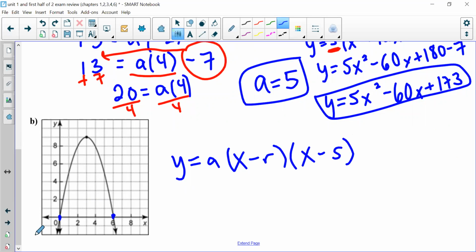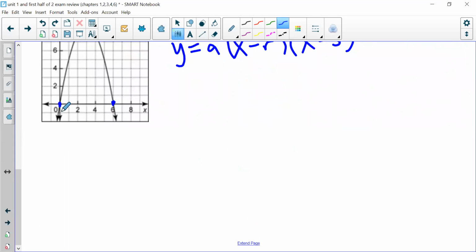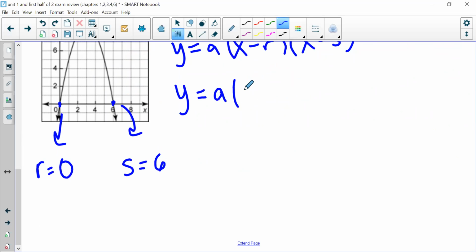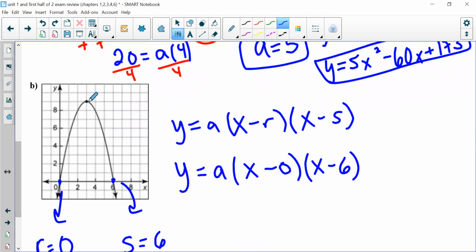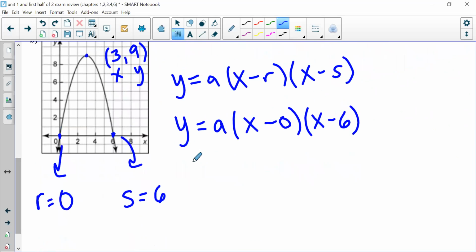So if I was looking at this parabola on the graph, I have one x-intercept at 0, so I'm just going to call this one R. I have this one at 6, so I'm just going to call this one S. And then if I plug them in, you can see again, I'm left with X, Y, and A. So I will always be solving for A. So I need to plug in something else for X and Y. In this case, I'm just going to grab (3, 9), which is a point on my graph, and I could solve for A. So whenever you're doing this process, please keep in mind you always need to solve for A.